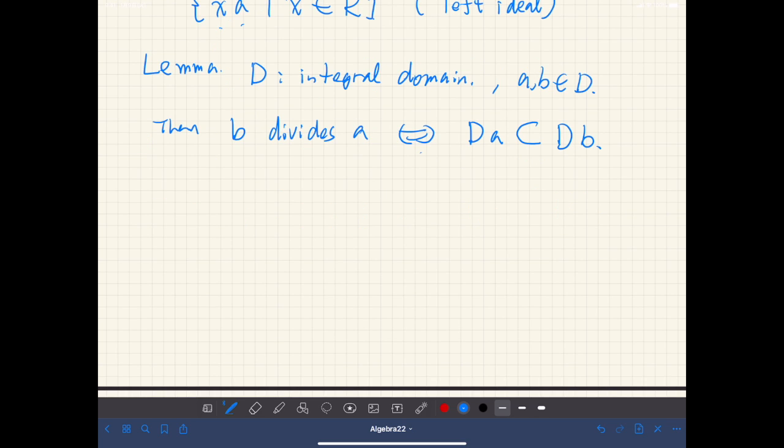Let's prove this. For convenience, when we say B is a divisor of A, we write B divides A, just like for integers.